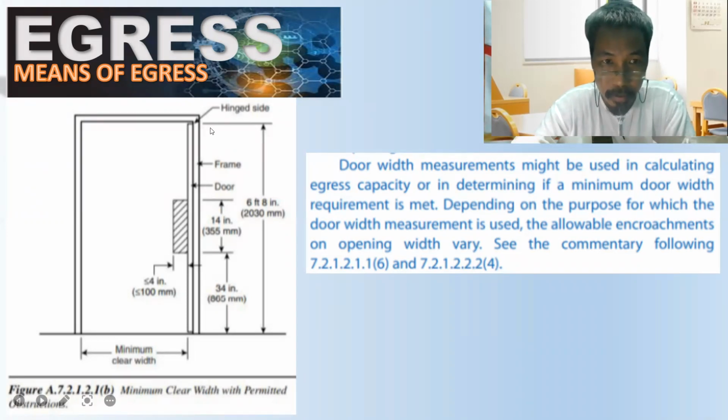So with hinge connection, we have a frame. The frame is not the one we are going to measure. Not from the frame. We are actually measuring from the least obstruction. Okay.